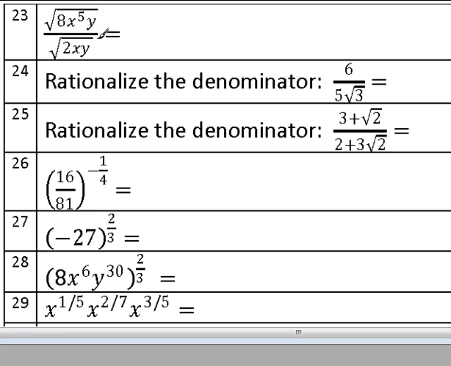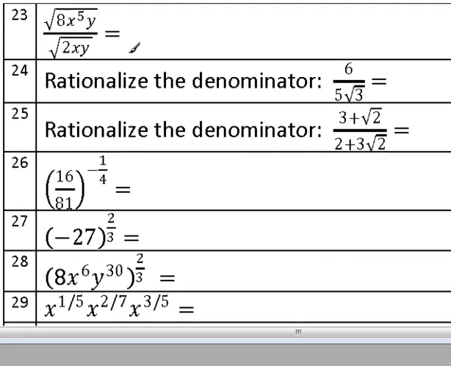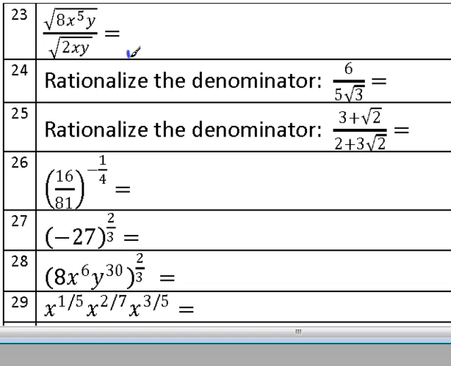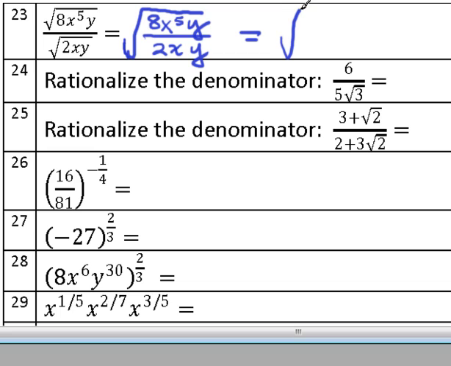In number 23, we're dividing two radicals. So we divide underneath the radical sign. So we can put this under one radical. So we're dividing 8x to the 5th y by 2xy. Here we divide 2 into 8, so that's 4.